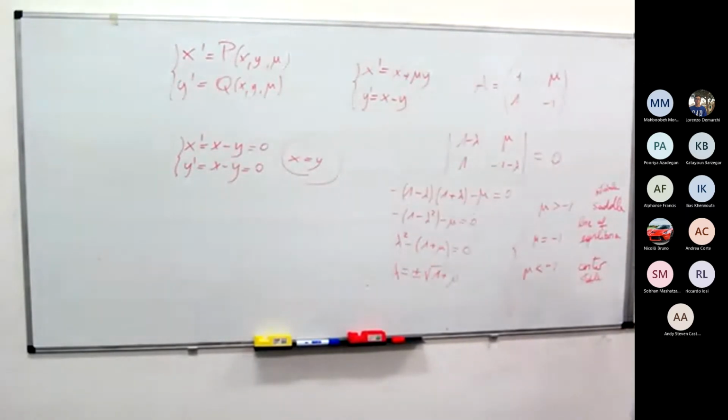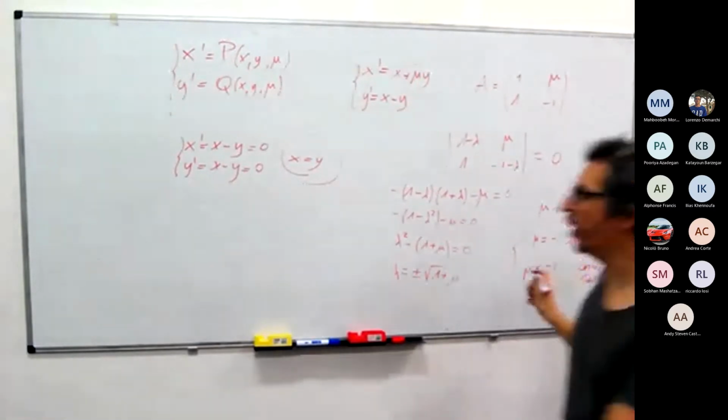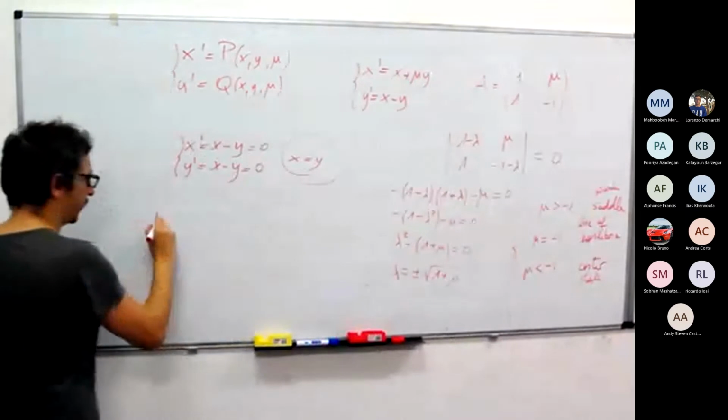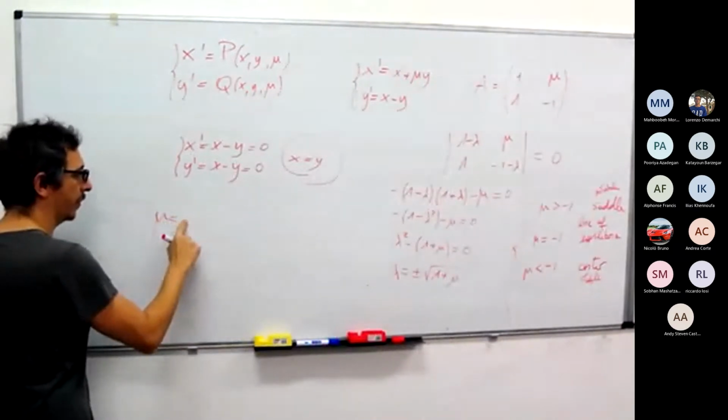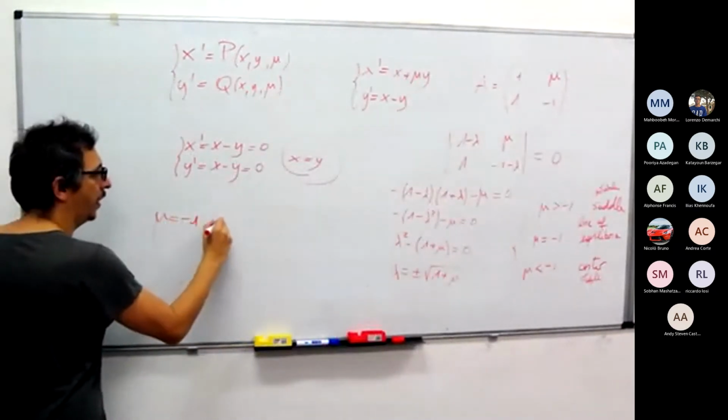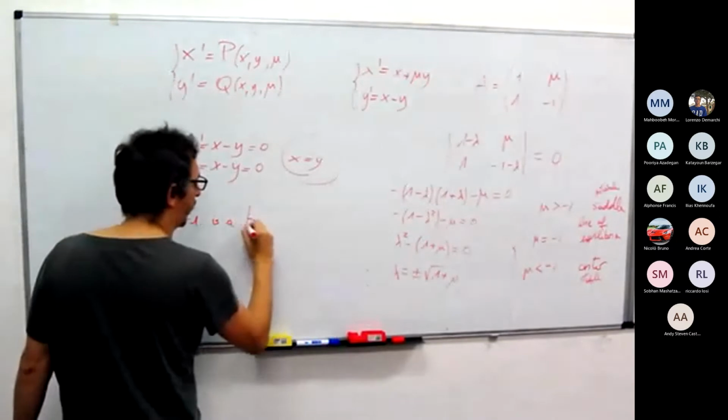So we say that the value of mu at which you switch from one nature to the other, from a saddle to a stable center, or vice versa, so this mu equal to -1, is a bifurcation.